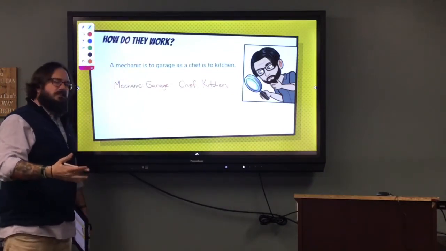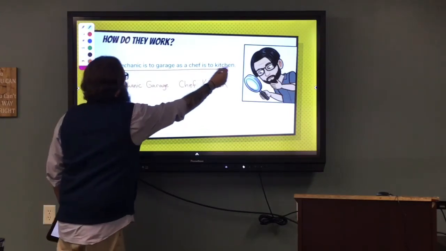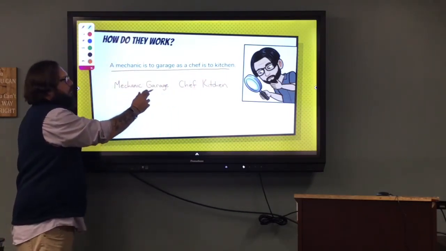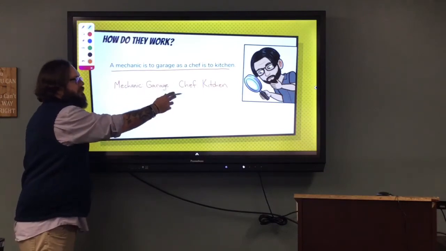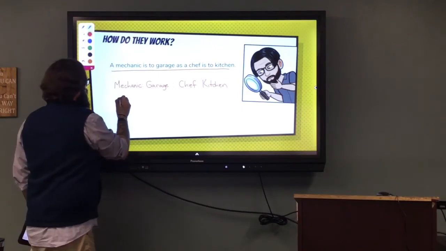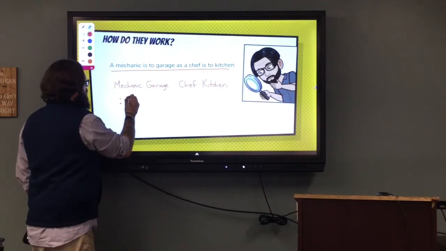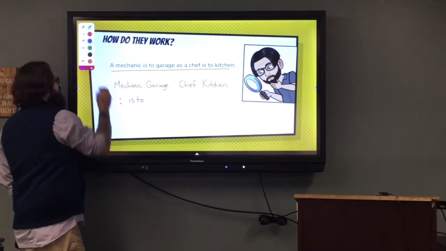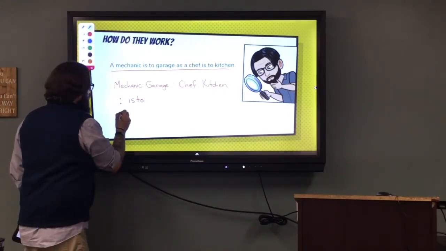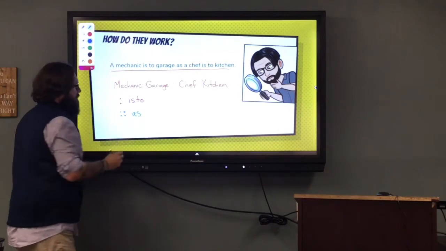So when we read this, we are still reading the sentence as above. A mechanic is to garage as chef is to kitchen. So a colon, a single colon, is used to replace "is to." The double colon is used to replace "as."